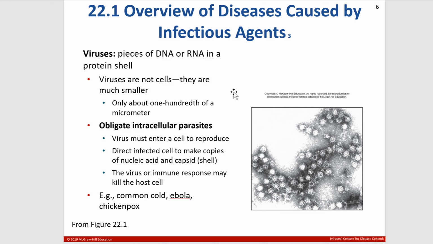For a while, they were not even categorizing it as a living thing because it doesn't have all the properties, but it does have most of the properties if we consider that its time with metabolism is when it is an intracellular parasite. So it's an obligate intracellular parasite.